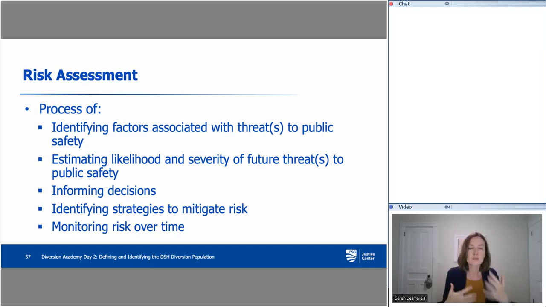All part of this process is thinking not just about the identification and eligibility and appropriateness, but also how we are going to do this in a way that can promote the safety of everyone involved, and really having strategies in place to monitor if there are changes, because there absolutely will be circumstances in which somebody's risk is elevated or that we're unable to monitor or manage that risk safely, and we need to have strategies in place in the community, within the family.